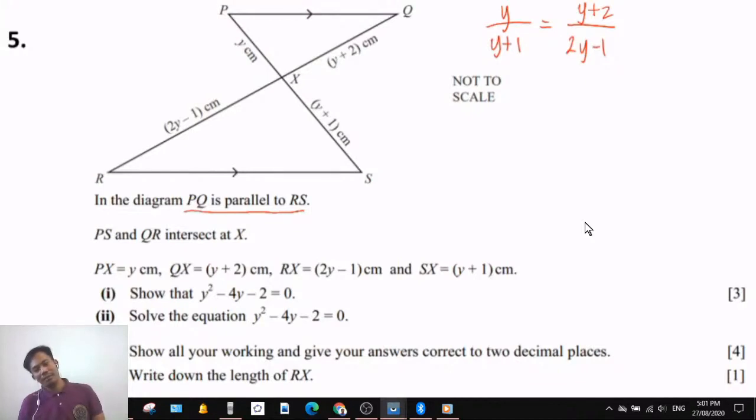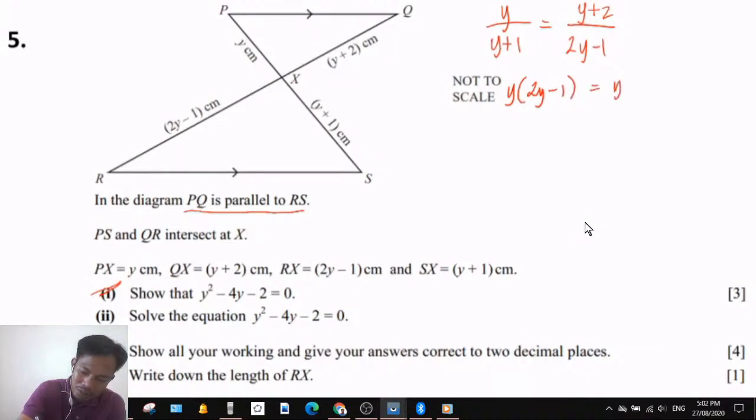So you have this. You use this one to show that y squared minus 4y minus 2 is equal to 0, to show number 1. So this one now will become y times 2y minus 1 is equal to y plus 2 times y plus 1.